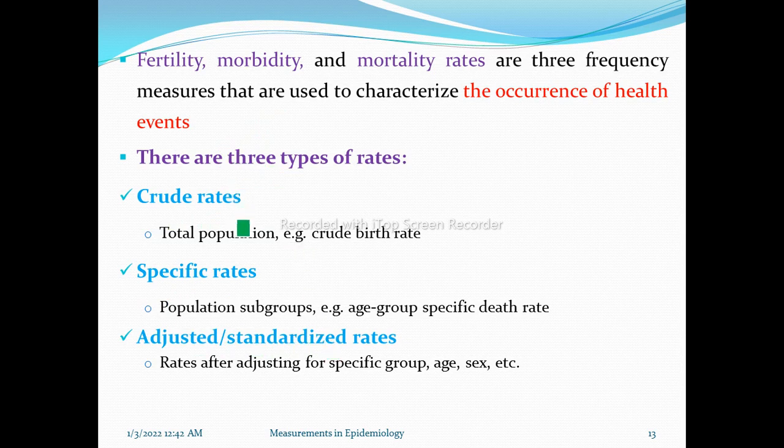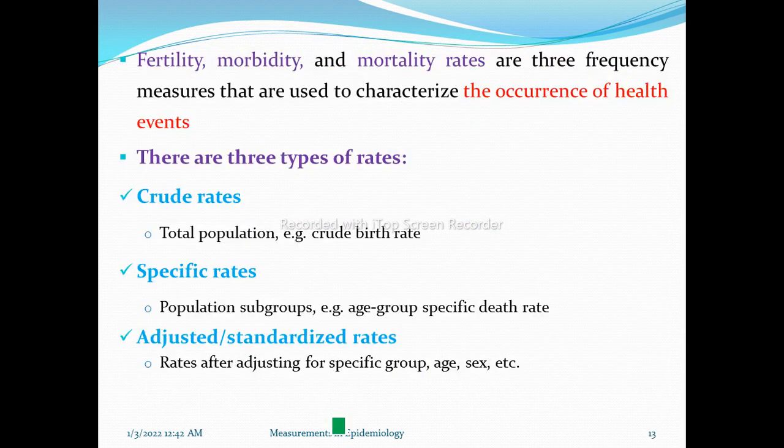Crude rate measures the total population, for example crude birth rate. Specific rate measures subgroups, for instance age-specific death rate. The third one is the rate after adjusting for specific groups like age and sex, called adjusted or standardized rate.